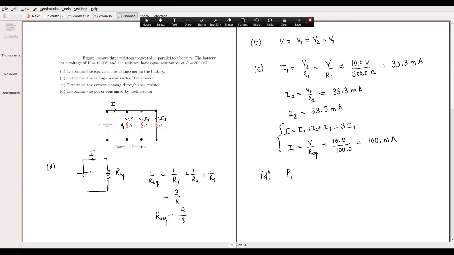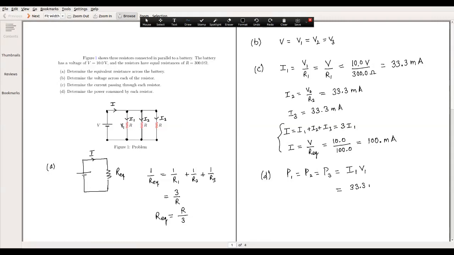Power P1 is equal to P2 is equal to P3. Using the values for current and voltage in the first resistor, it's I1 times V1. Current times voltage is always the power.